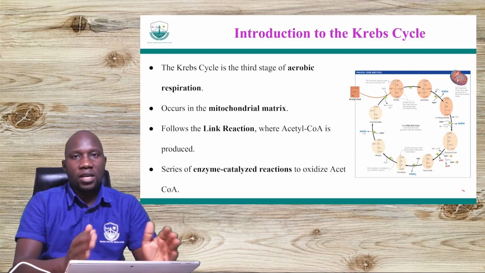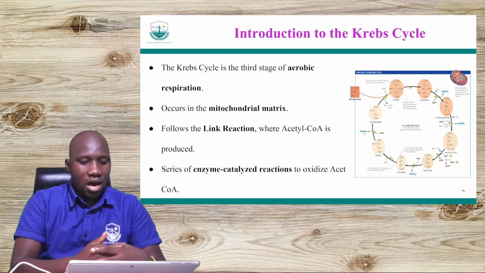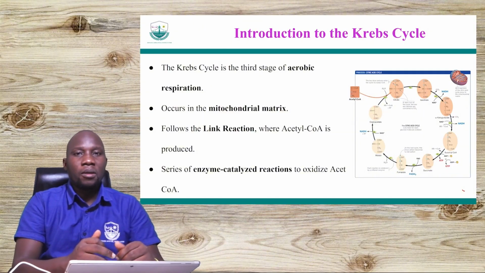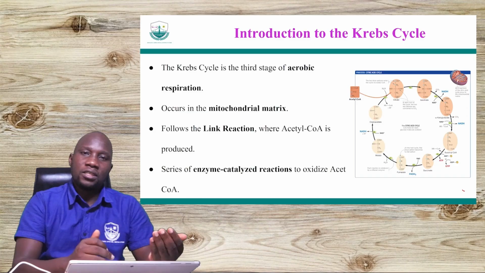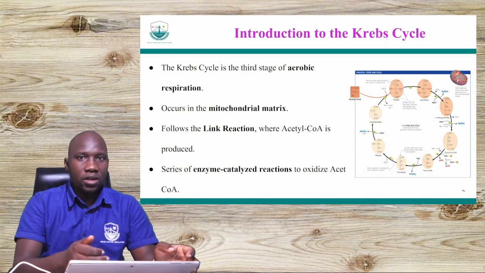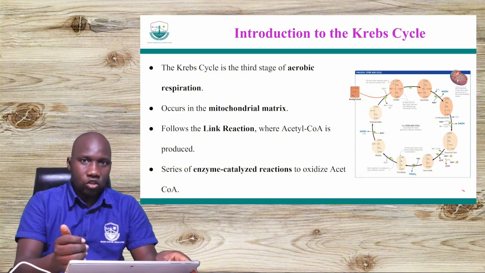Remember, the link reaction connects glycolysis and Krebs cycle. So what enters into the Krebs cycle is basically acetyl-CoA. But remember, you have pyruvate as one of the major products of glycolysis. So the link reaction involves conversion of that pyruvate into acetyl-CoA so that it can enter into the Krebs cycle.